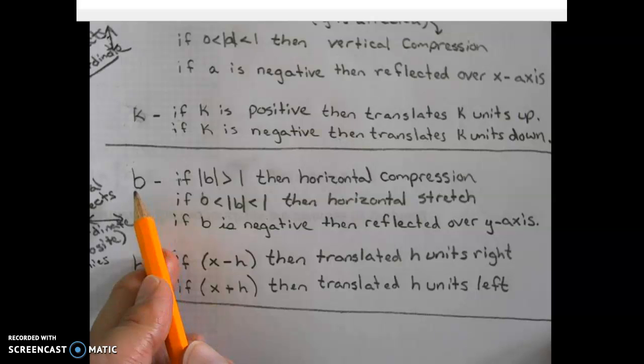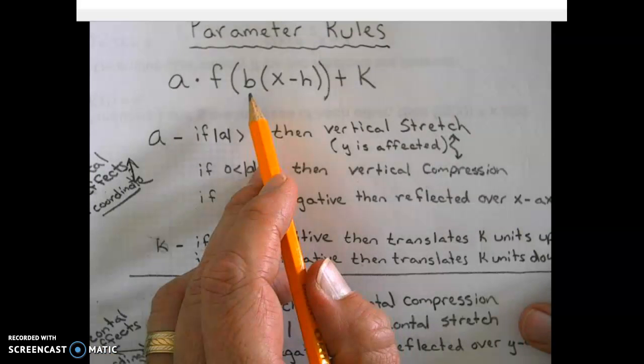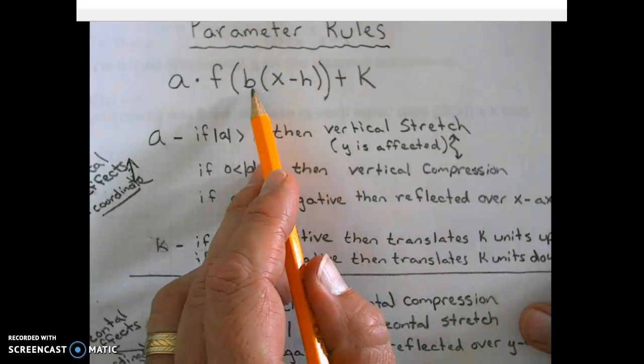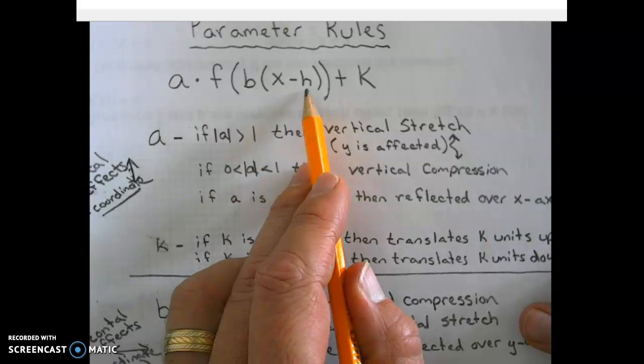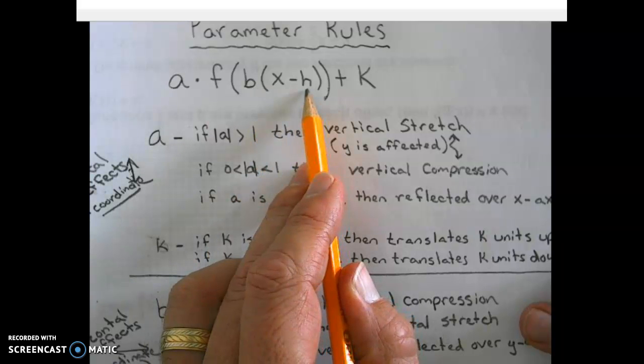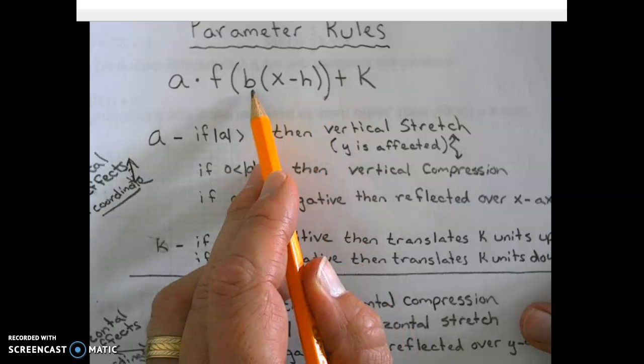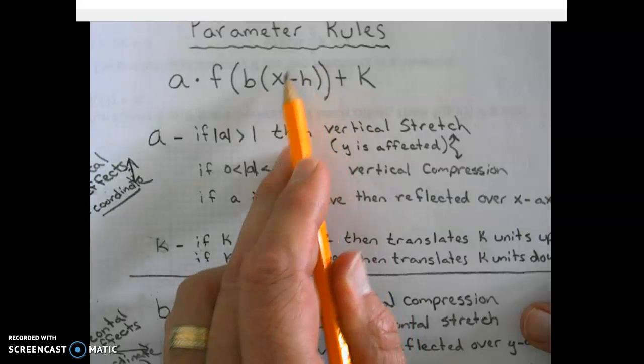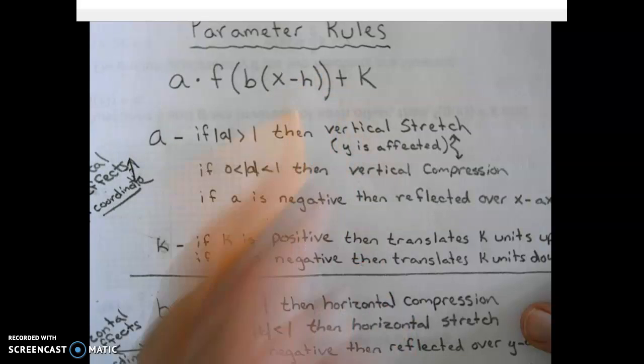Okay, the b value, that's going to be inside here. And if there is a b value, and if there is a horizontal translation, you need to factor that b value out in order to see the horizontal translation.